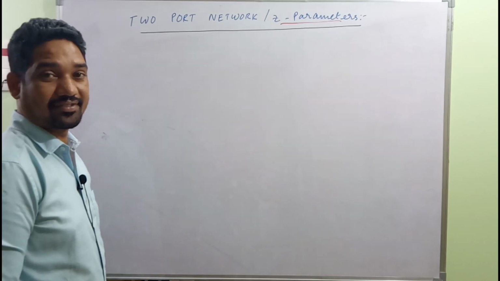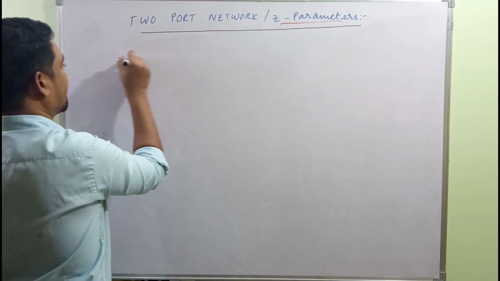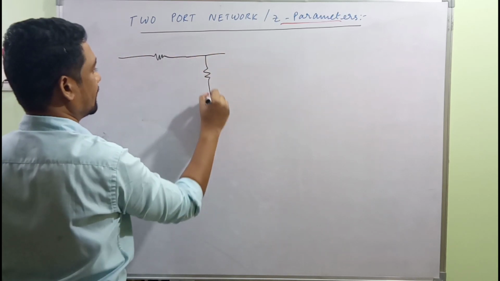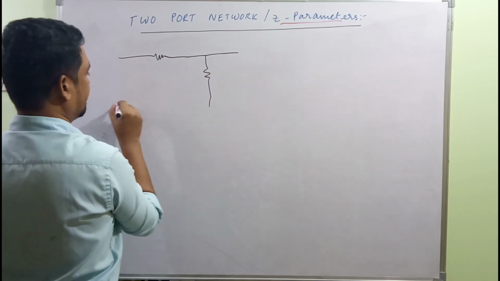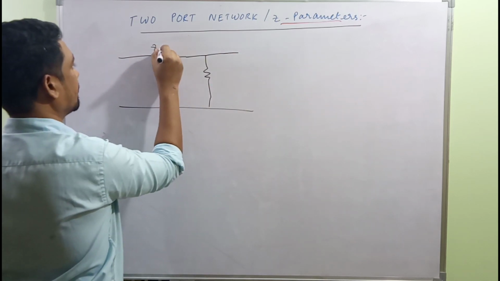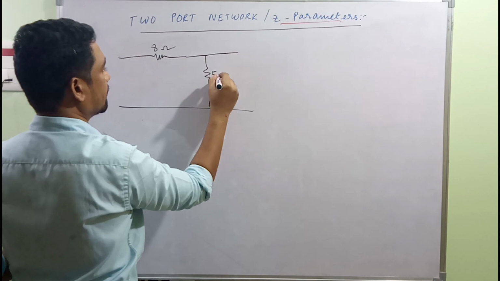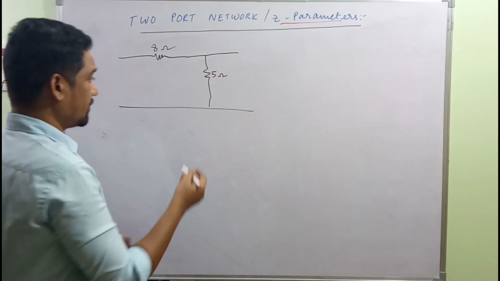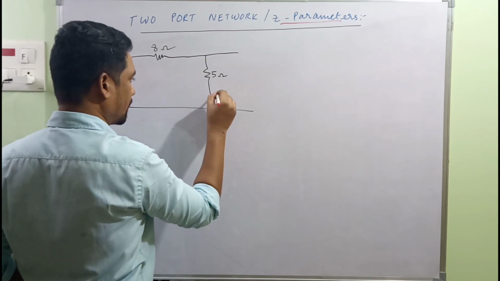Then another example, let's have a network like this one with 2 resistors like this over here. Let it be 8 ohm with a 5 ohm over here. Guys, let's make the circuit even more complicated here. Let Ix be flowing over here.